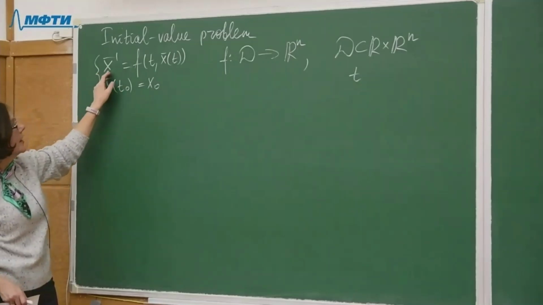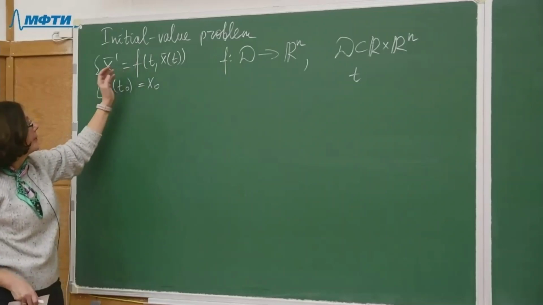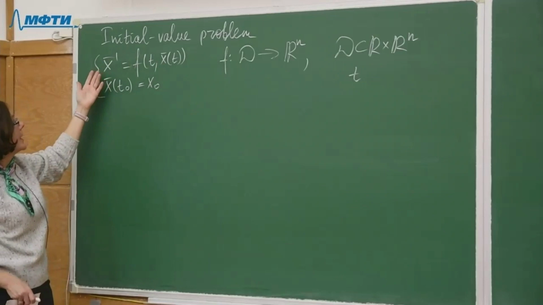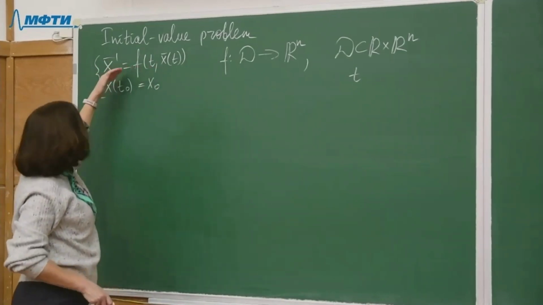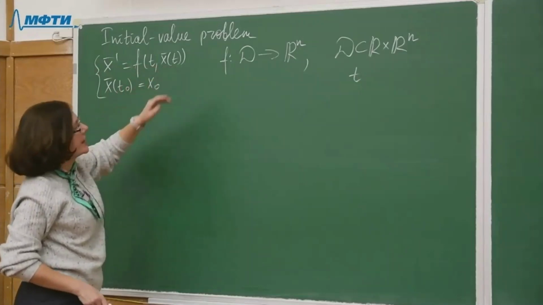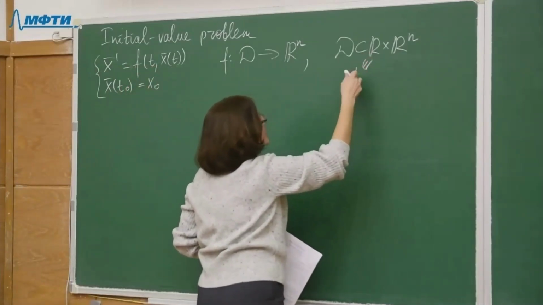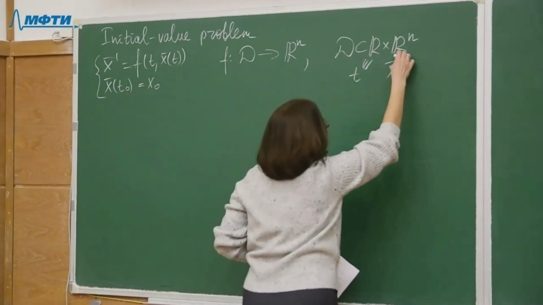T is time, and this is some law, how the derivative depends on t and x of t. So t belongs to R, and the vector is from Rn.